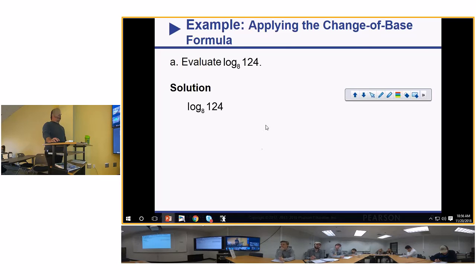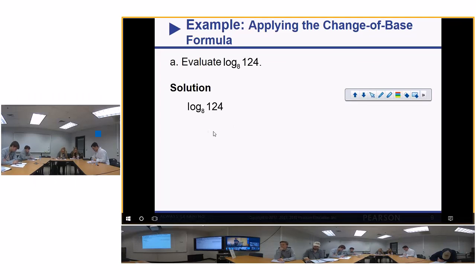Okay, here's another example. Somebody take the log of 124 and divide it by the log of 8. You can actually do these in your head and punch it in the calculator. There's no work. What do you get?